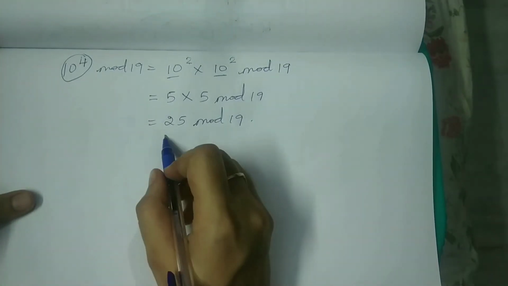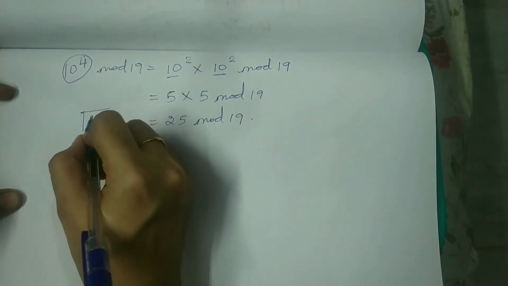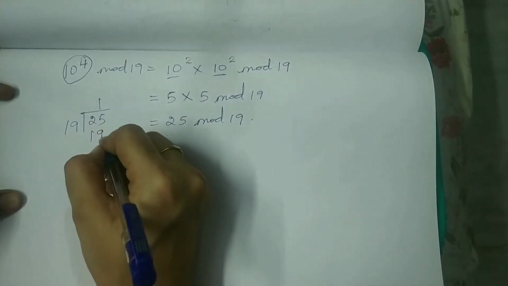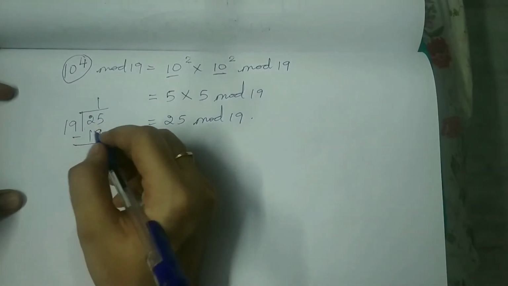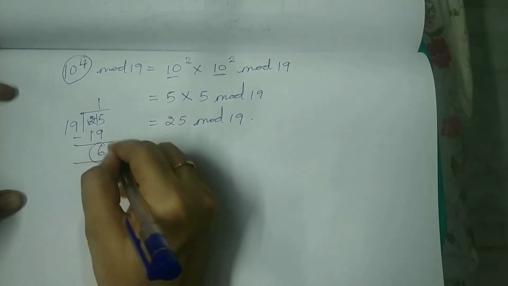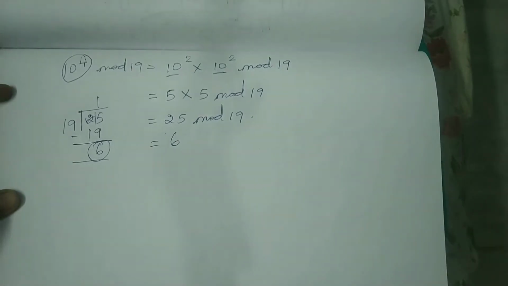Now we need to divide this 25 by 19 and find out the remainder. So when I divide this 25 by 19, it will go 1 time. So 1 into 19 is 19. I'll be getting the remainder as 6. So the answer for this is 6.